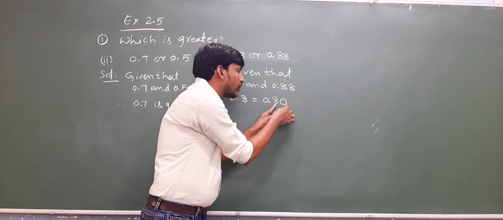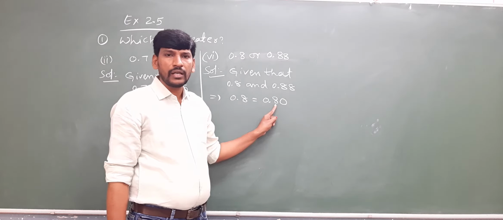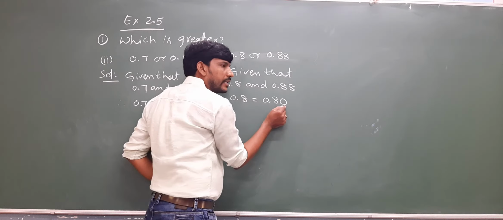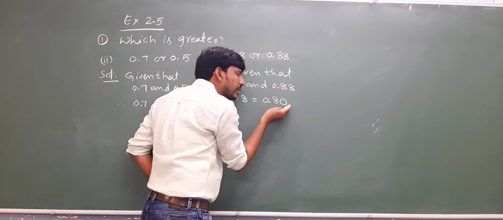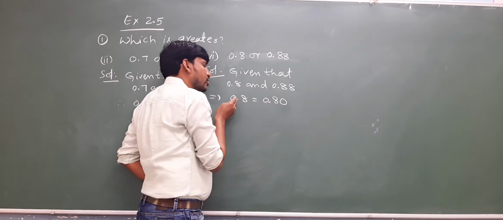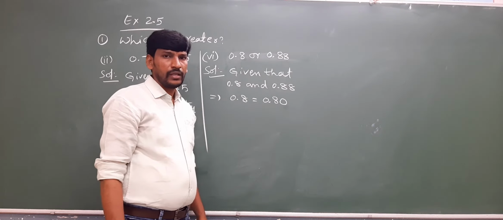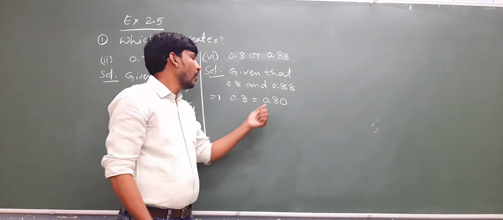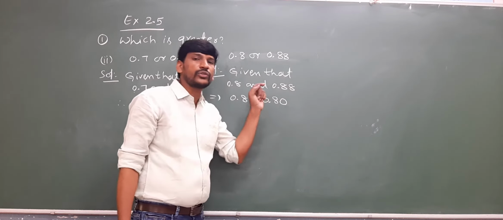After the value, if you keep any 0, 0 does not have any value. So therefore 0.8 is equal to 0.80. Both are the same. We want equal numbers of places to compare the given decimals. That's why we are keeping 0 here. Don't keep it before 8. After the value only you should keep 0.